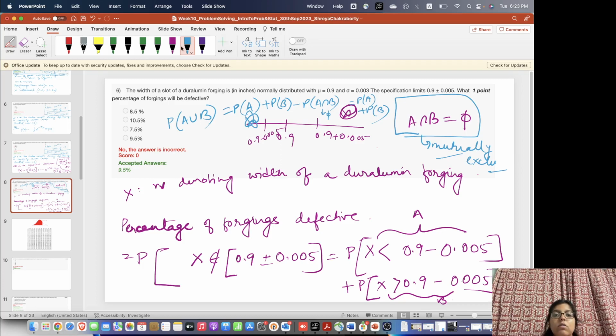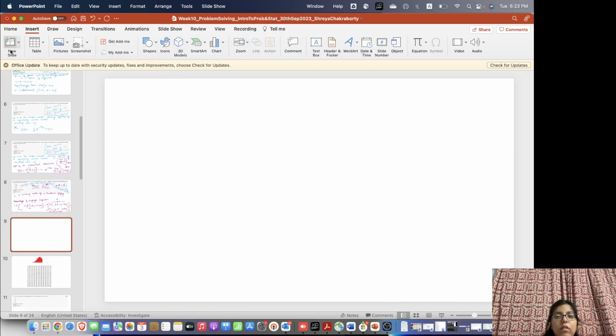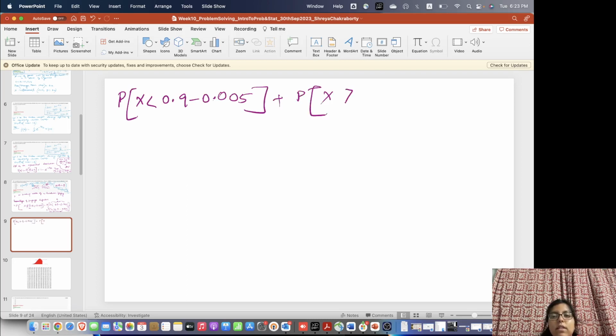Alright, so once we have this, now we are going to find out how to solve for this. So here we have probability X less than 0.9 minus 0.005 plus probability X greater than 0.9 plus 0.005.